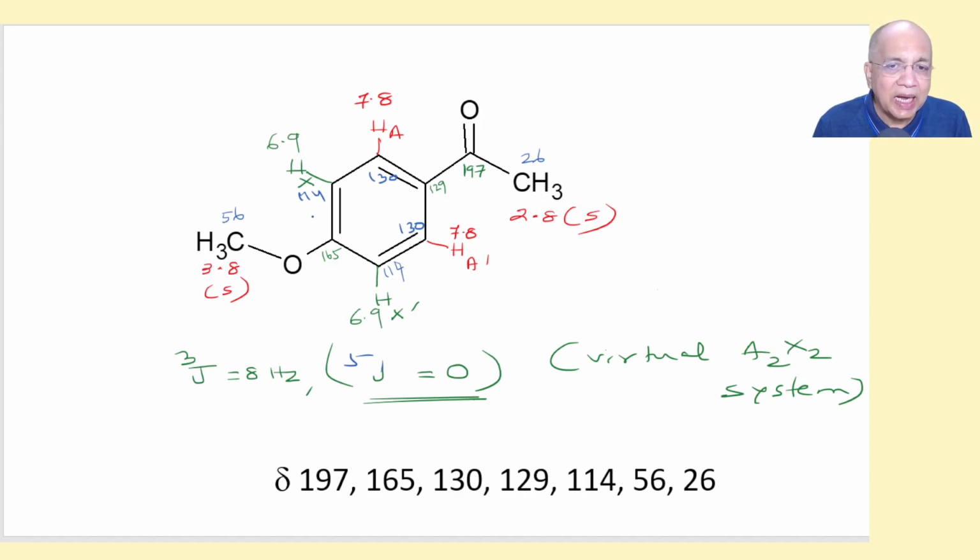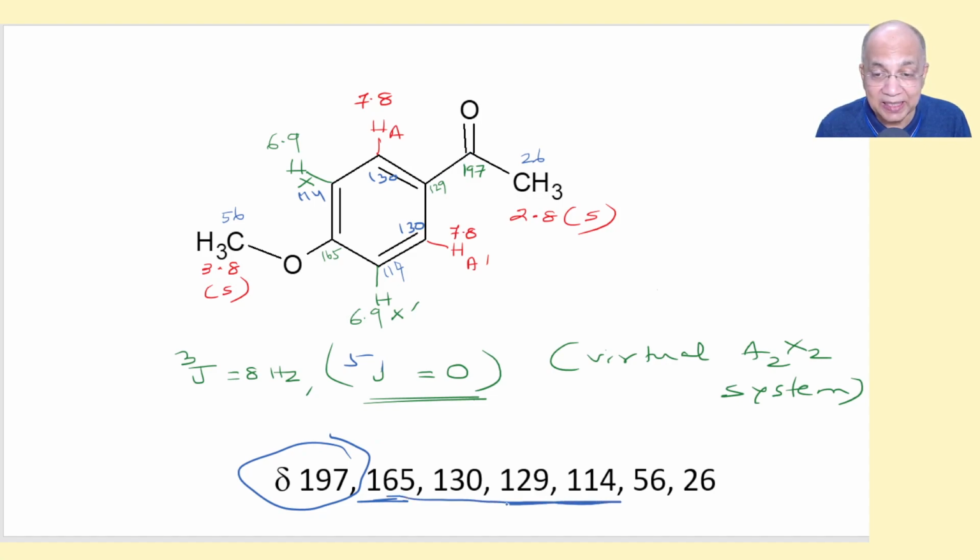So with that, this has to be the 165 peak. This 197 is the carbonyl carbon, much deshielded, right? And these are the aromatic carbons. You can find that the alkoxy group will produce a large deshielding effect on the ipso carbon, 30, and also this one will produce some 2 or 3. So altogether, it will be 128 for neat benzene.